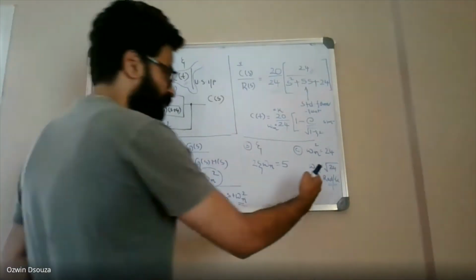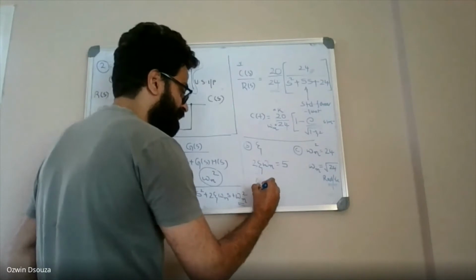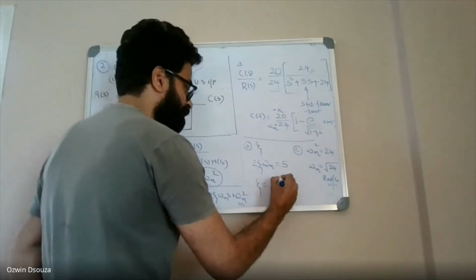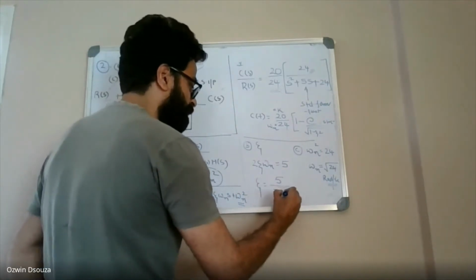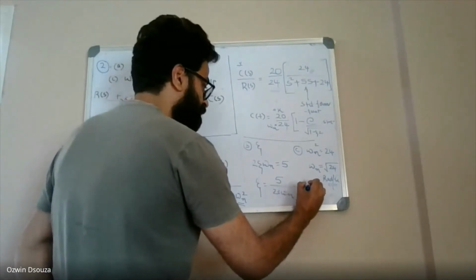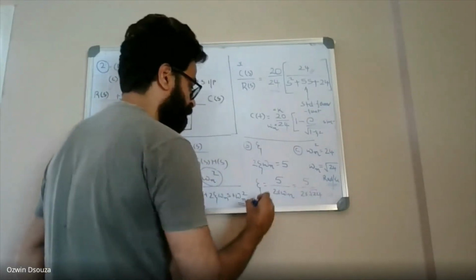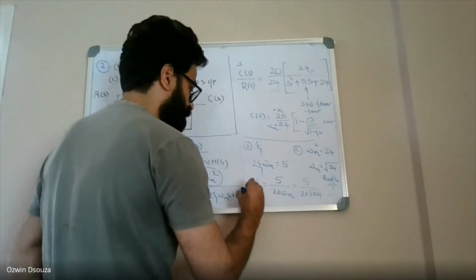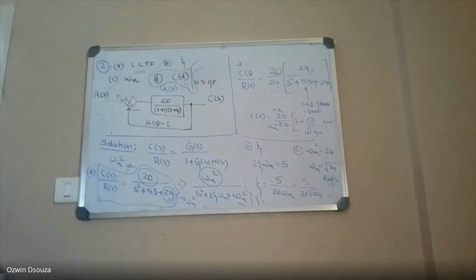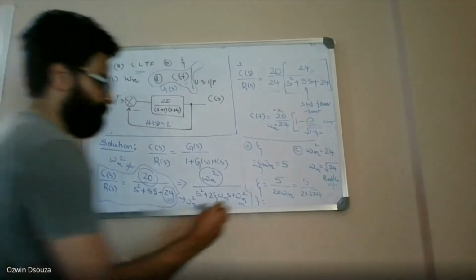So having known the omega n value, you can find the zeta value. So 5 divided by 2 into omega n. So 5 divided by 2 into under root 24. So zeta, you will get it as, just check, 0.51.